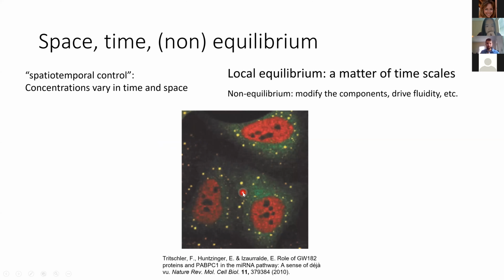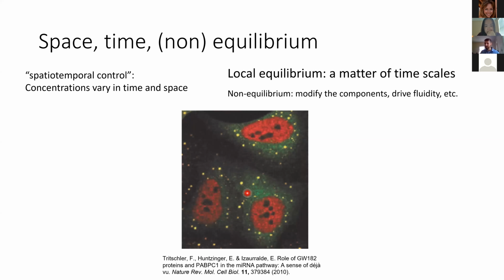If this were a simple homogeneous equilibrium system, there would only be one large dot, right, in that very simple case. And just the fact that we can see lots of these dots tells us that something more complicated is happening. But you can really think of equilibrium as a matter of time scales and of spatial scales.